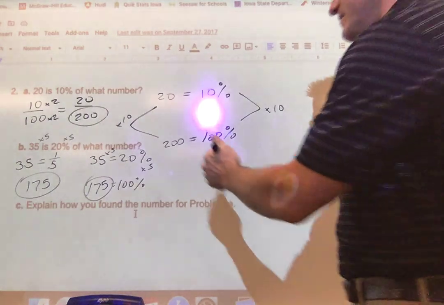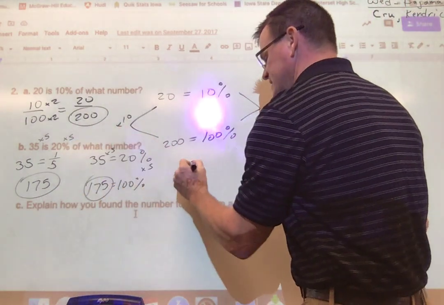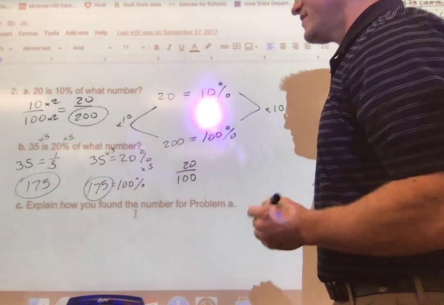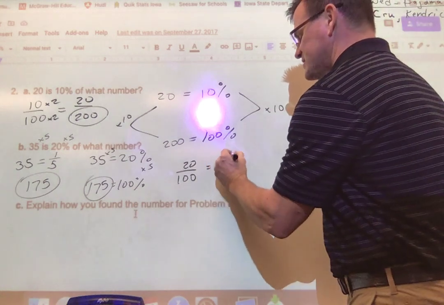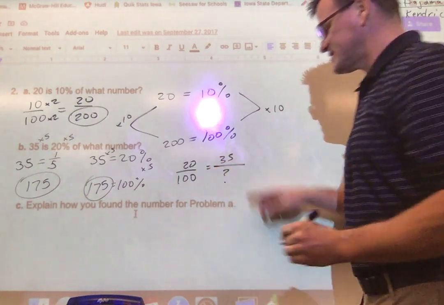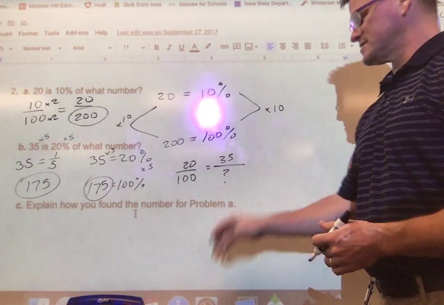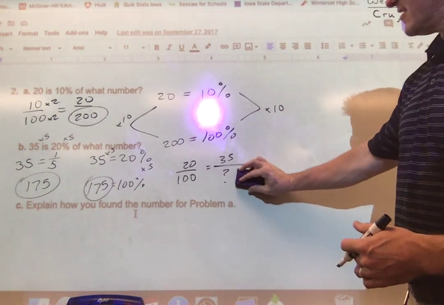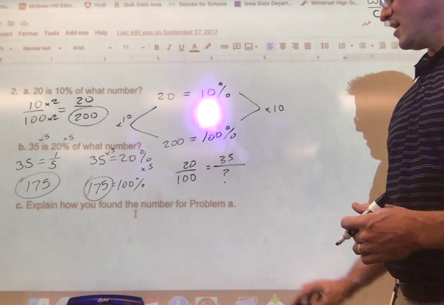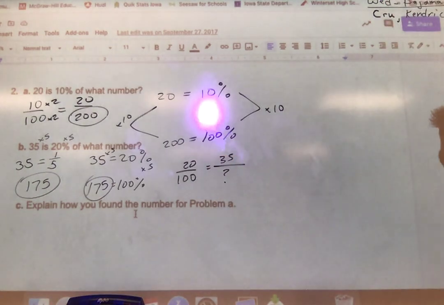I'll show it one more time. If we know 20% is 20 out of 100, percents are out of 100, and then, so what is 35 out of what? What I'm missing is, what's the denominator? What's my total now? Okay, this is a total. So it's a little tougher when I do this because 20 doesn't get along very well with 35.